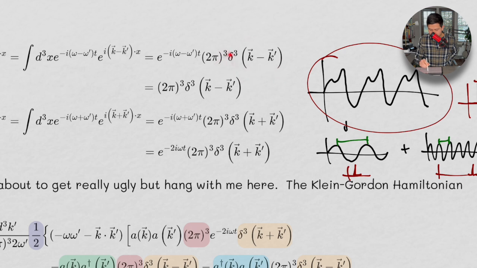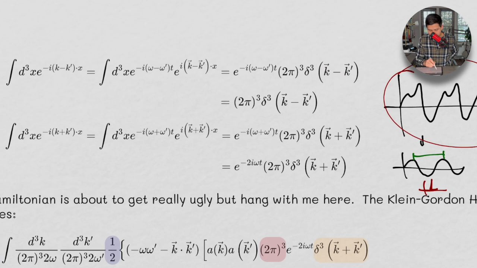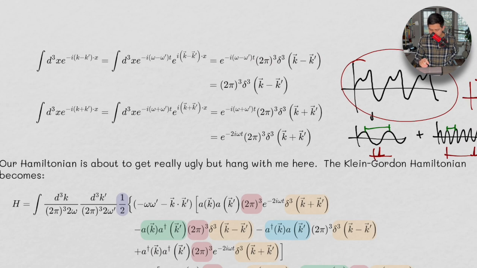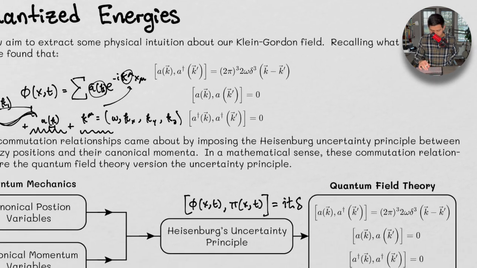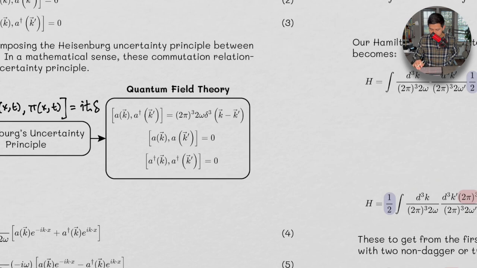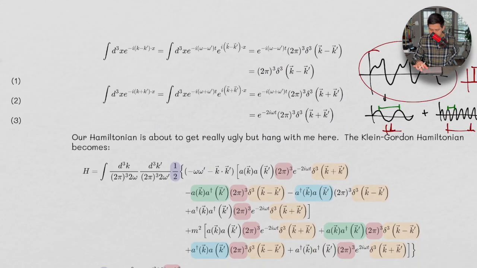And that spike is given to us by this Dirac delta. When this is equal to this, we get Dirac delta of 0, and the integral under that Dirac delta is going to take us to infinity. So that's how we write this. We write this as a Dirac delta function, okay? Then we have this normalization factor out here, and this is one of the reasons why we have these normalization factors down here. We'll see how this works, but that is that, right?